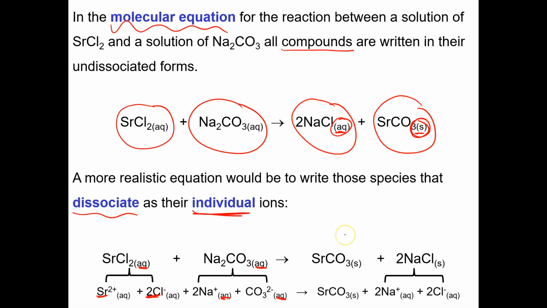Strontium carbonate is a solid, so it's not present as dissociated ions, so we're not going to dissociate this in any way. But sodium chloride (aq) will separate out into its component ions. And so again, we're going to write that to make it clear as the component ions.